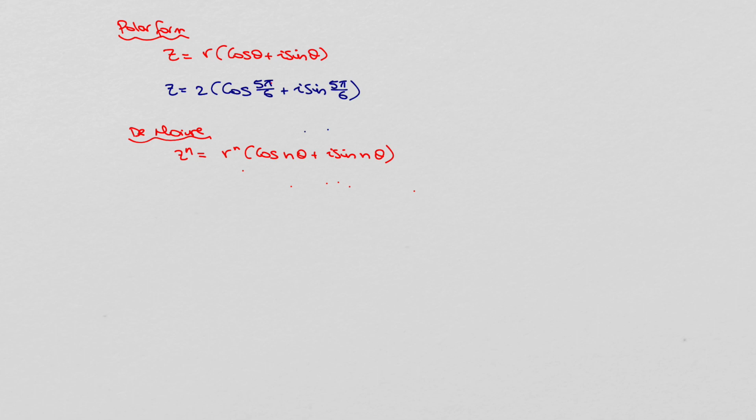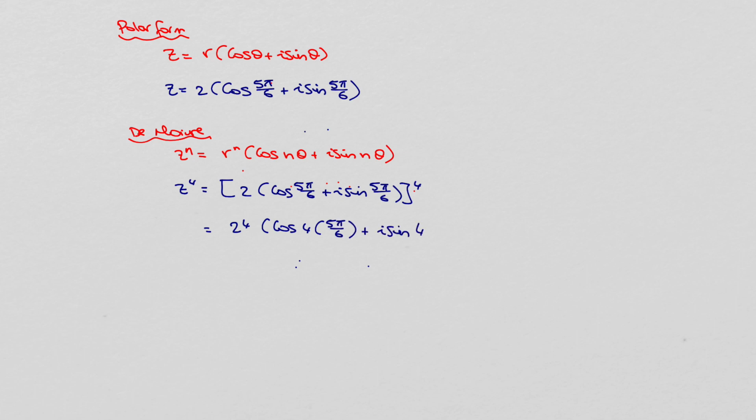So in other words, z to the power of 4 is going to be 2 times cos 5 pi over 6 plus i sine 5 pi over 6, all raised to the power of 4, which is, of course, 2 to the power of 4, and cos 4 times 5 pi over 6 plus i sine 4 times 5 pi over 6.